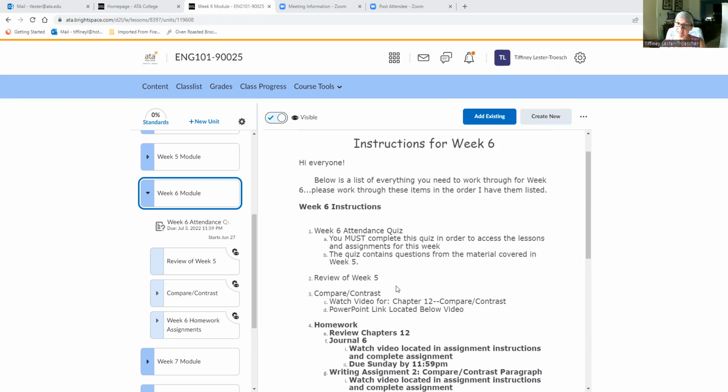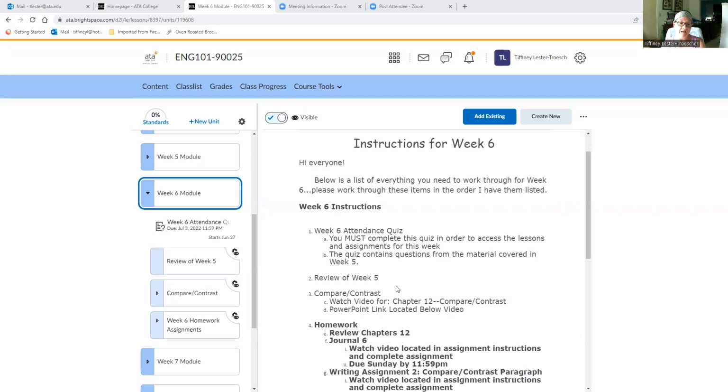And a lot of students, a lot of people in general, have a very basic understanding of compare contrast. That's not necessarily a new concept for us at all. However, not everyone understands the specific requirements of a true compare or contrast piece.